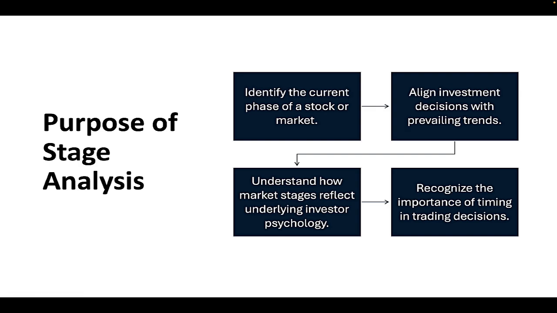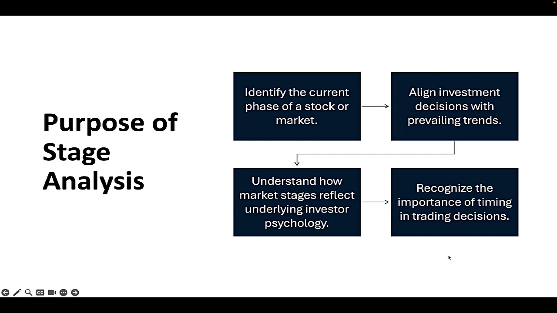In phase 2, people are very optimistic. They want to buy the stock. As soon as the stock pulls back, people jump in and buy. So you have to understand these kinds of emotions based on the stage analysis.